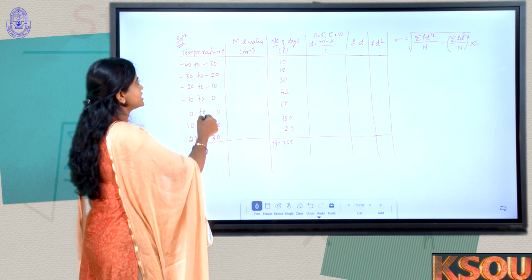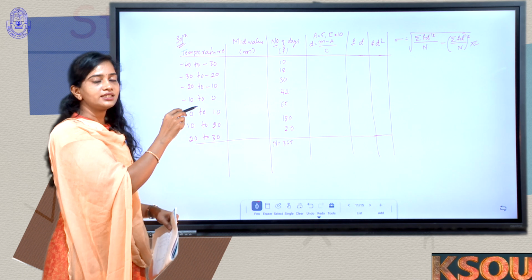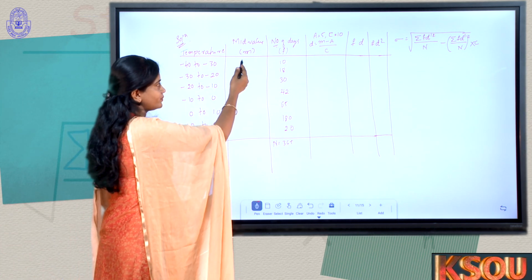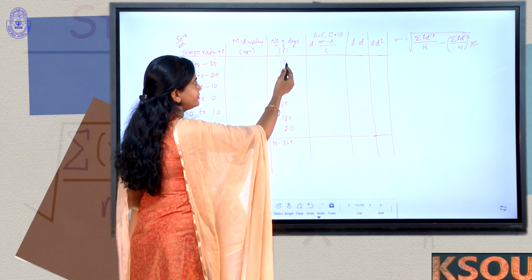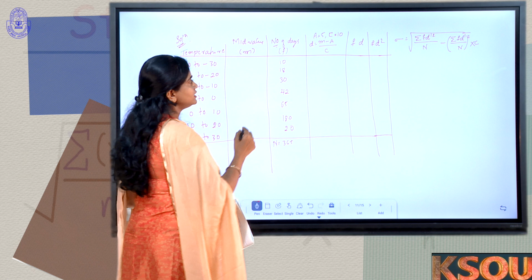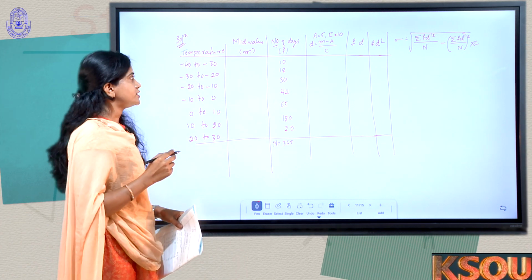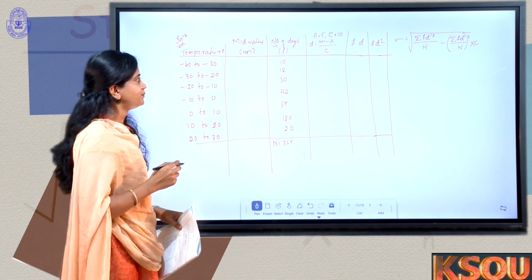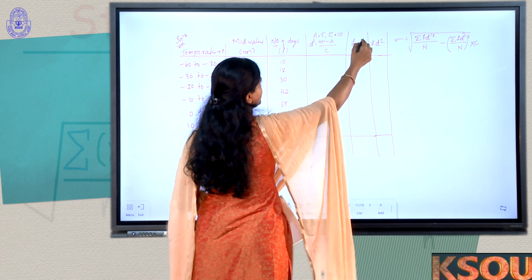It is in continuous series, so you will have to take the mid value, small m. Then number of days is nothing but f. Here you will have to calculate the d value by using the assumed mean method. So, d is equal to m minus a by c. If you consider it as d or d dash, both are the same.